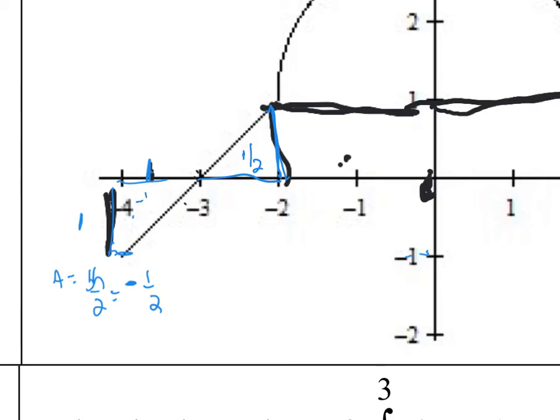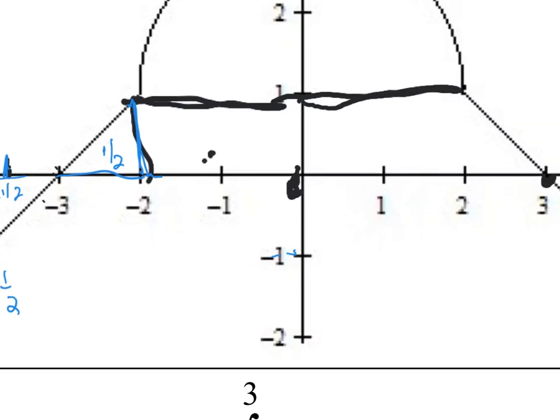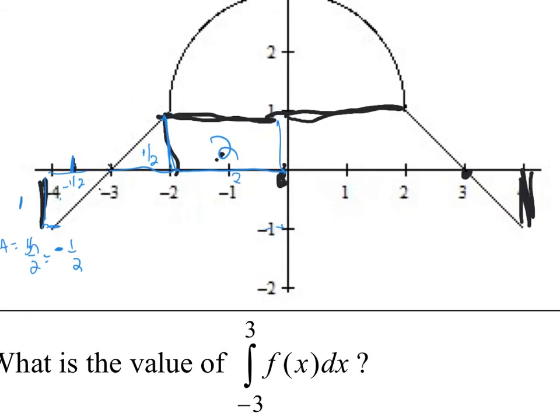So I have a -1/2, +1/2. Rectangle, 2 by 1. That area is 2. Oh, that meant the trapezoid was 2.5. So may as well be consistent now. 2, boom, boom. 1 by 1, 1/2.